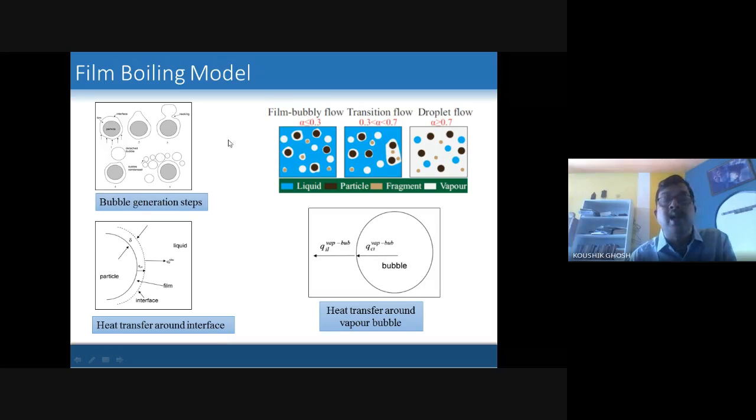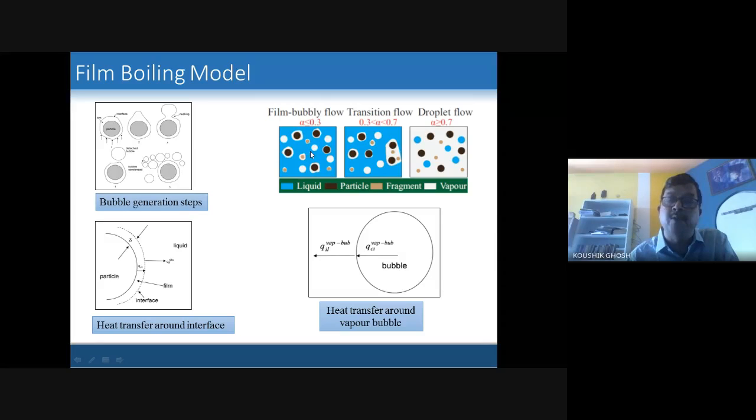And you can see under this configuration there may be different flow regimes. I have already discussed that the flow regime is a big and complex issue. So this is the film bubbly flow where the void fraction is less than 0.3. You can see these particles, and the liquid is continuous, and there are vapor bubbles.